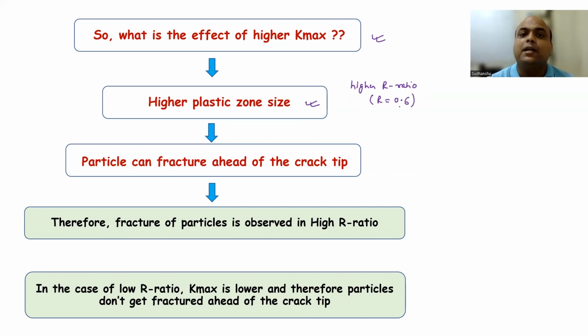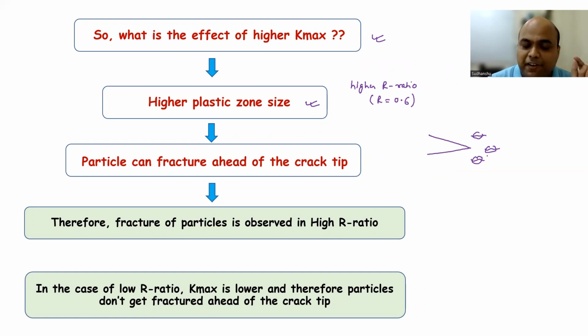Now, if you have higher plastic zone size, the particles in those plastic zones can fracture ahead of the crack tip. So, if you have a crack and these particles are in the plastic zone, these particles can fracture, right?